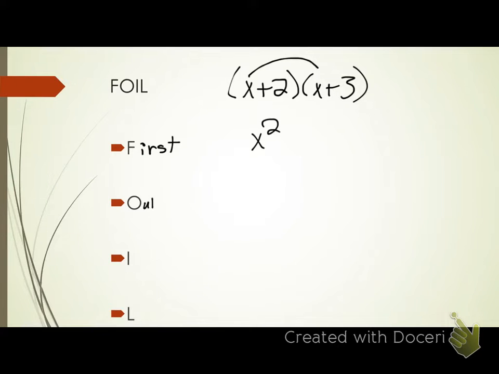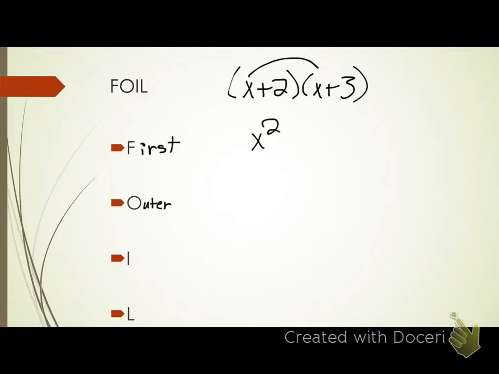O stands for outer. Now we're looking at the product as a whole, not the binomials individually. What are the two outer terms? The two things on the outside of my two binomials? x and 3, right? Those are the two outer terms.